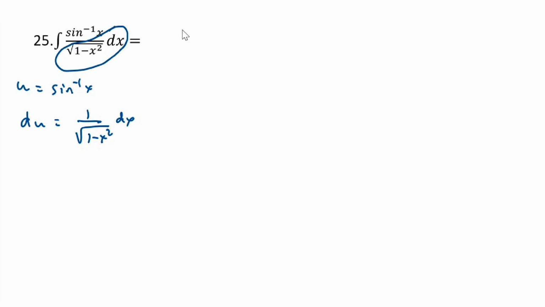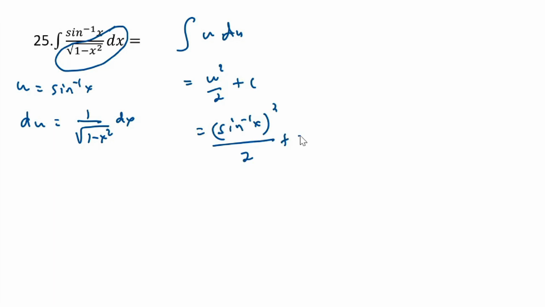So rewriting the given, arc sine of x can be written as u, times dx over the square root of 1 minus x squared, which can be written as du. Therefore, we have u squared over 2 plus a constant. So rewriting again the meaning of u, we have arc sine of x to the power of 2 over 2 plus a constant.